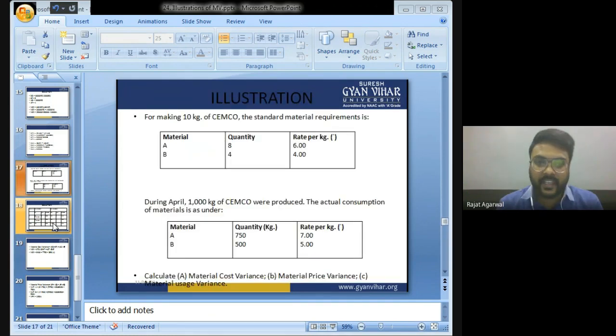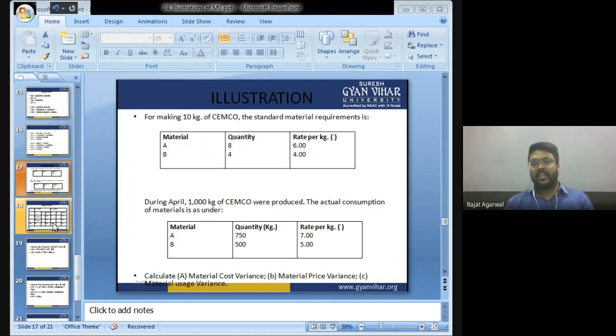For making 10 kg of Chemco, the illustration is saying the standard material required is material A quantity 8 and material B quantity 4. For manufacturing 10 kg of Chemco, we require two materials, A and B. Material A is required 8 kg and material B is required 4 kg.